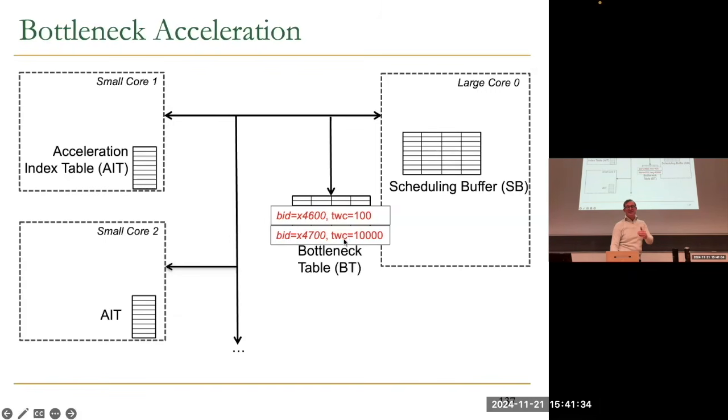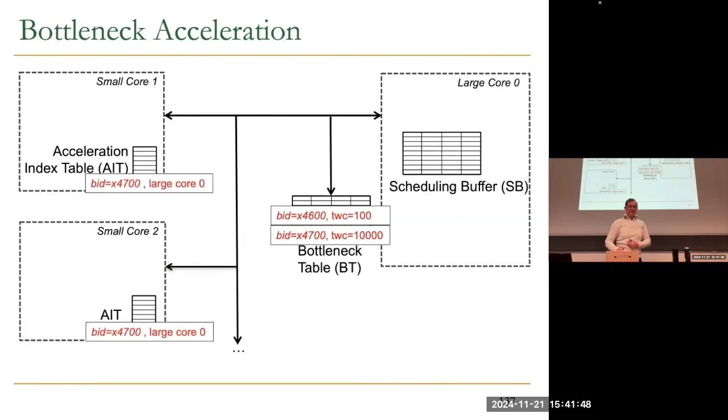Whenever the bottleneck table identifies that a particular bottleneck ID should be accelerated remotely, it sends a message to all of the acceleration index tables saying that this should be accelerated remotely. Meaning the default is local execution unless you find it in your acceleration index table, right? This way you don't need to communicate too much, hopefully, with the bottleneck table. And that keeps the bottleneck table from becoming a bottleneck by itself.